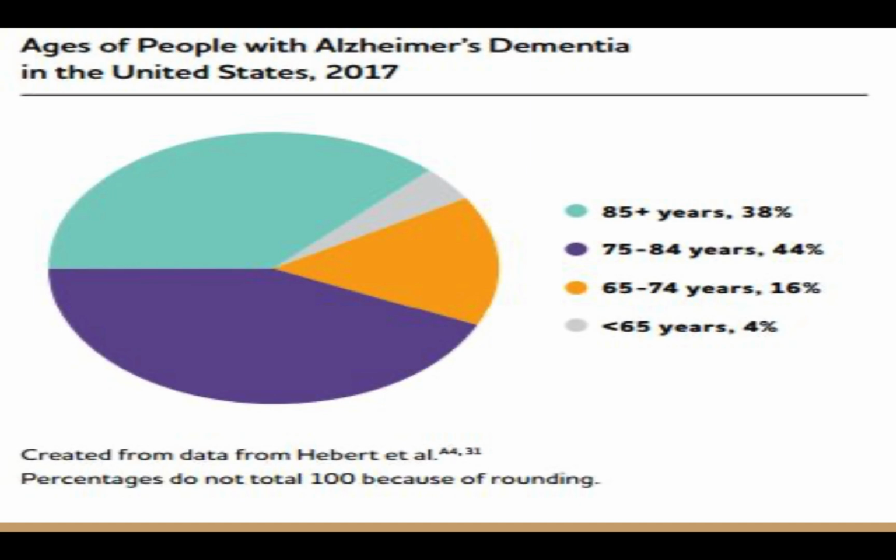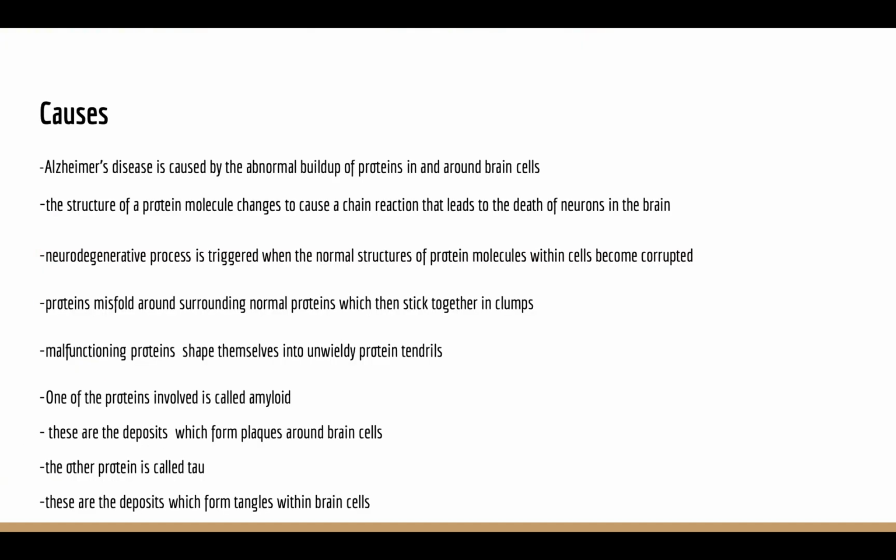So here now we're going to go over the causes of Alzheimer's. Just a quick takeaway: Alzheimer's disease is caused by the abnormal buildup of proteins in and around brain cells, and the structure of the protein molecule changes to cause the chain reaction that leads to the death of neurons in the brain.